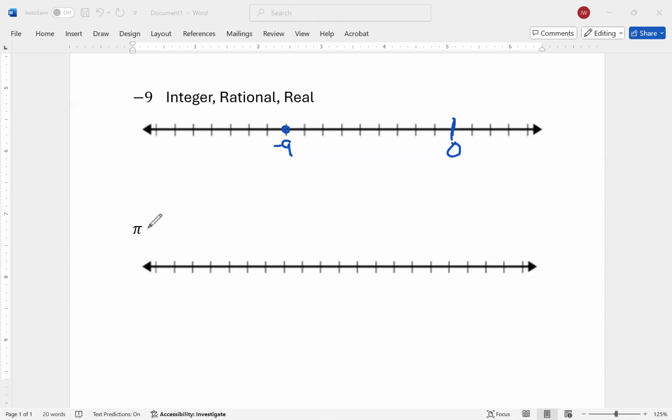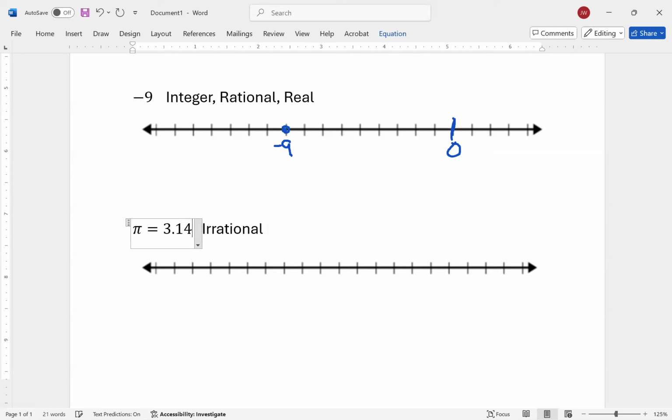What about pi? Well, pi is approximately 3.14159. Pi is not a whole number, not an integer, and not rational. Pi is an irrational number because if you look at the decimal expansion of pi, let me say it this way.